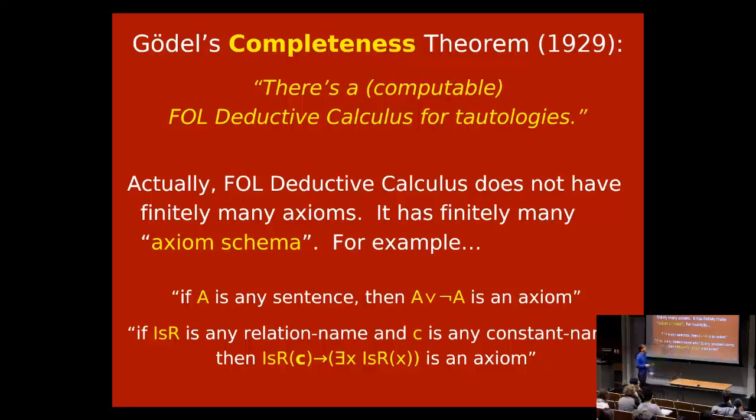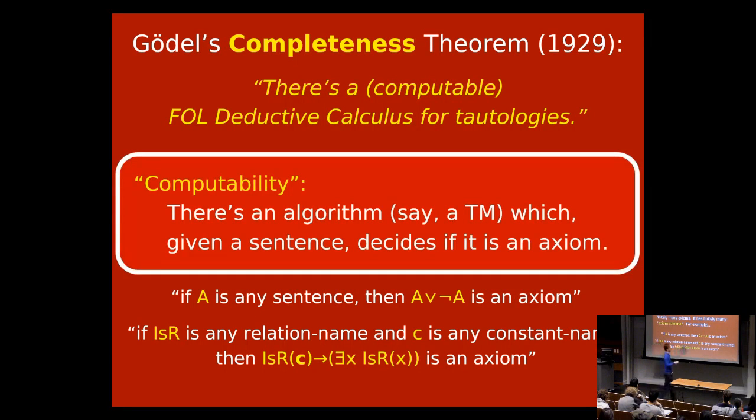Actually, there's one aspect of this that we didn't mention way back in lecture 3 because we hadn't talked about computation yet, but I put it up here. It's a side observation that's good to remember: this deductive system has a computability property, in the sense that there is an algorithm which, given a sentence, decides if it's one of these initial tautologies.